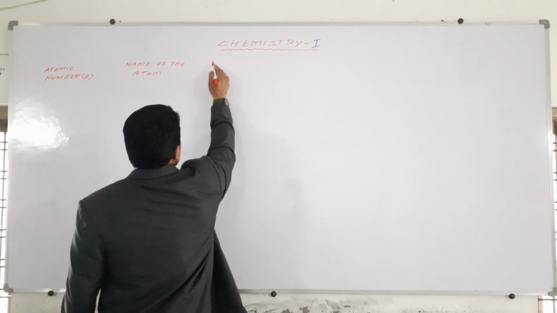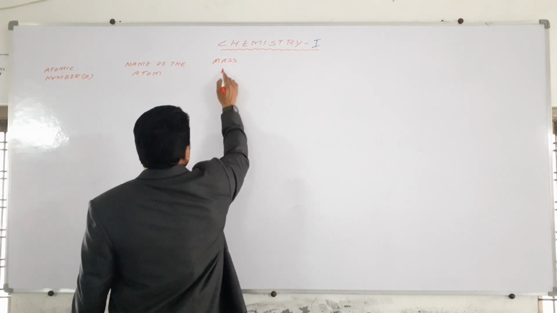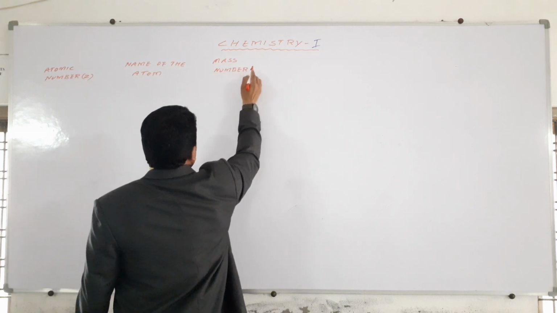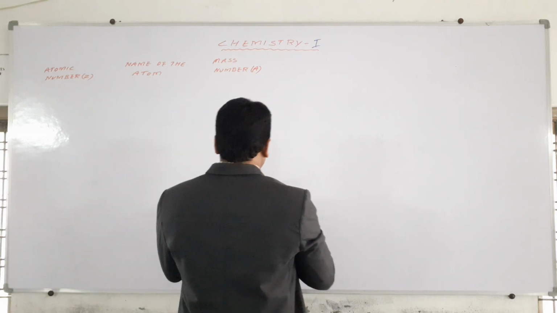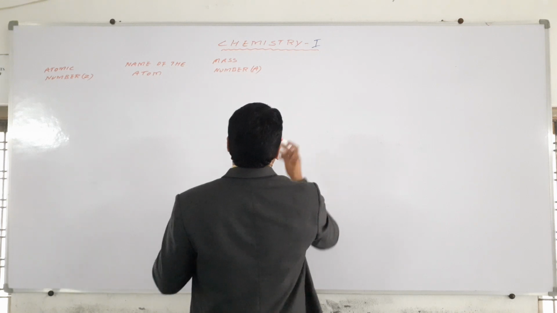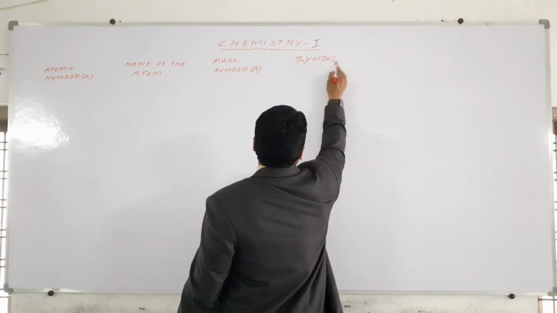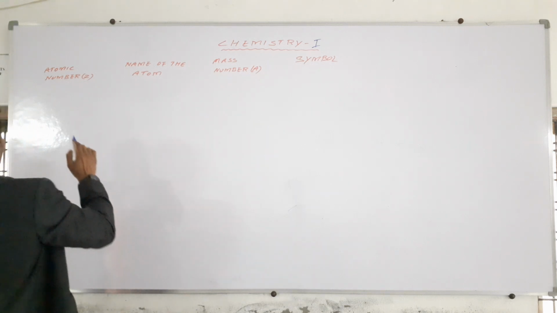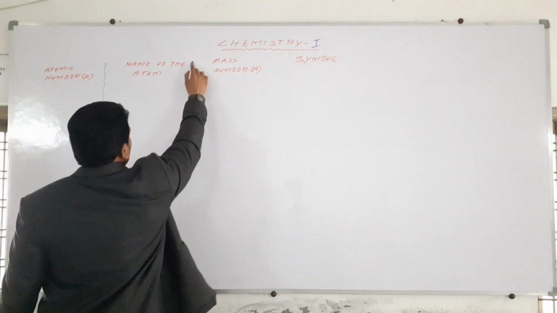Next mass number, A. Next symbol. So this is the table we are going to make.